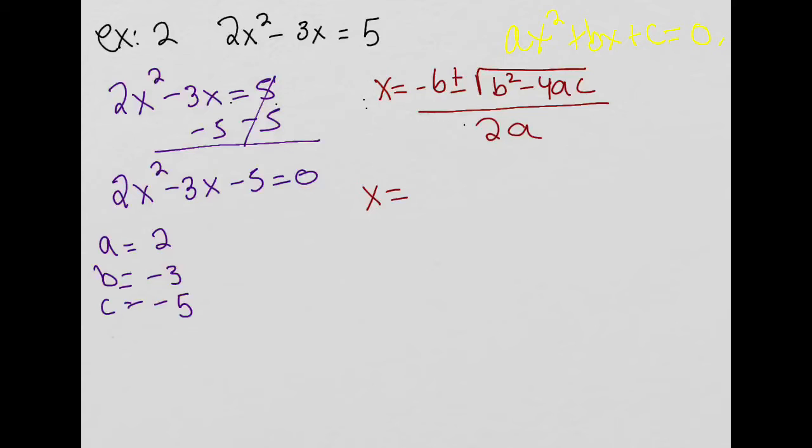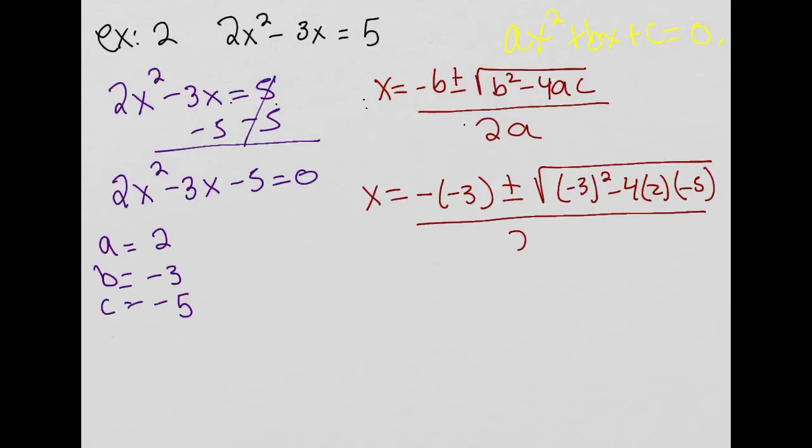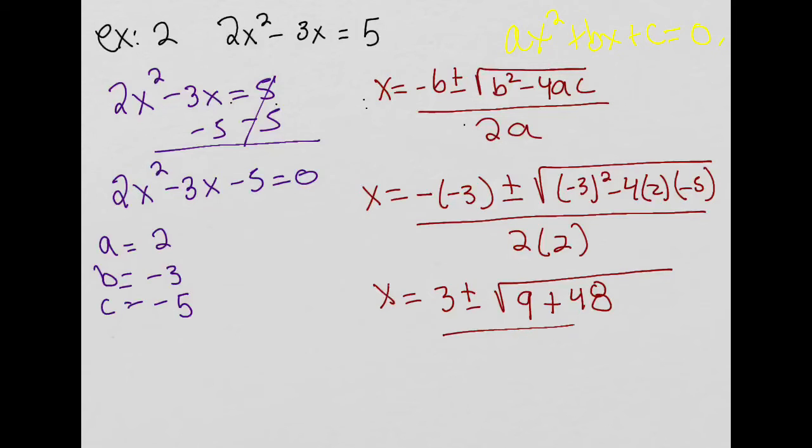That gives me negative times a negative 3, plus or minus the square root of negative 3 squared minus 4 times a times c, over 2 times a, which is 2. So x equals, let's simplify. A negative times a negative is positive 3, plus or minus the square root of negative 3 squared, which is 9. Negative 4 times 2 times negative 5 gives you positive 40, over 4.